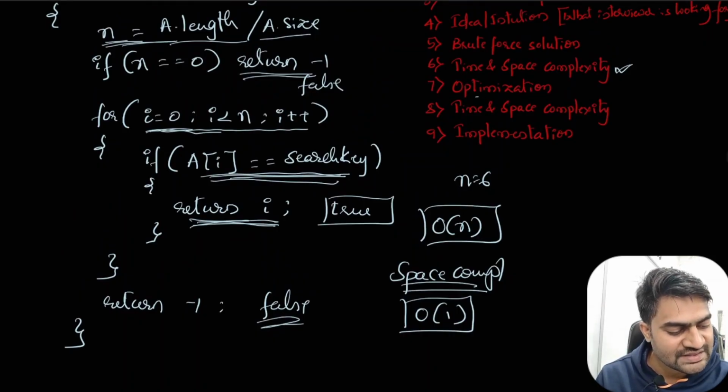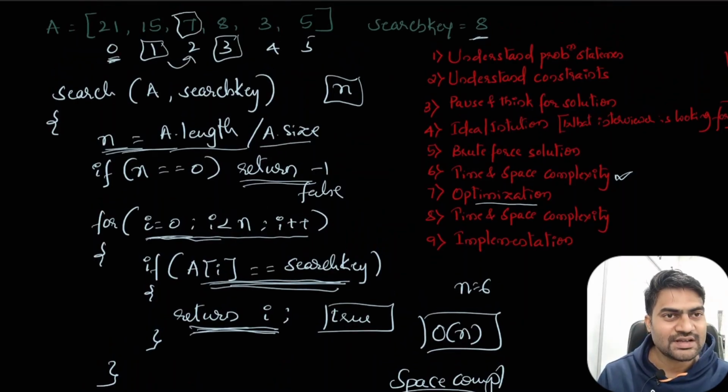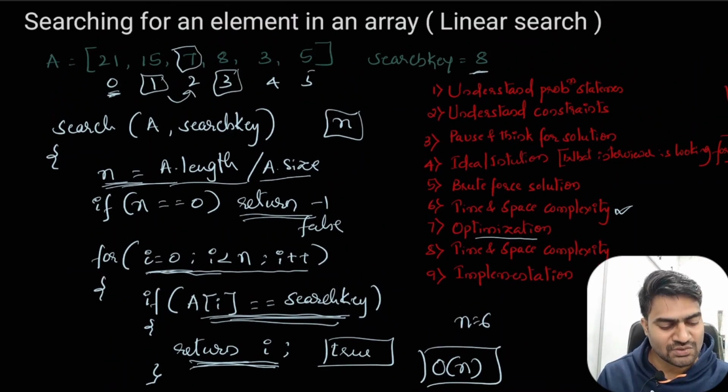Now we will see, is there any optimization possible? For this problem, it is already in the optimal state because we don't know whether the given numbers are in sorted order or something like that. The worst possibility would be that we have to check each and every element.